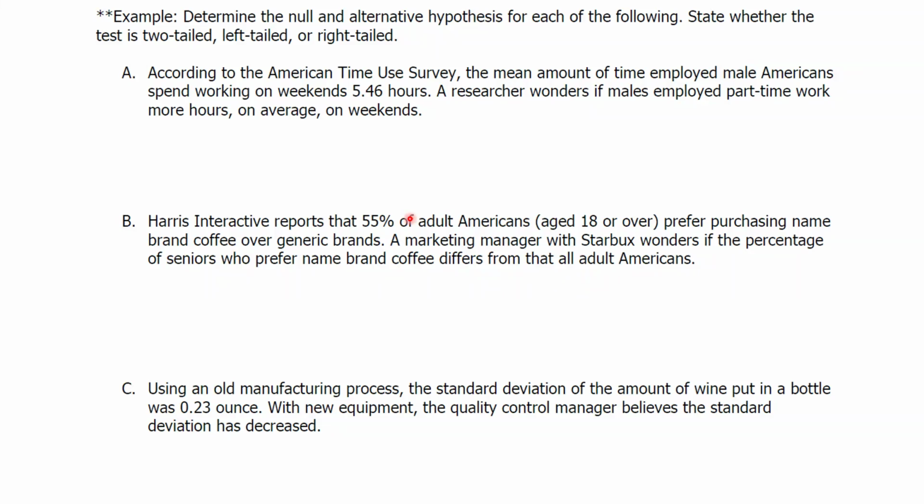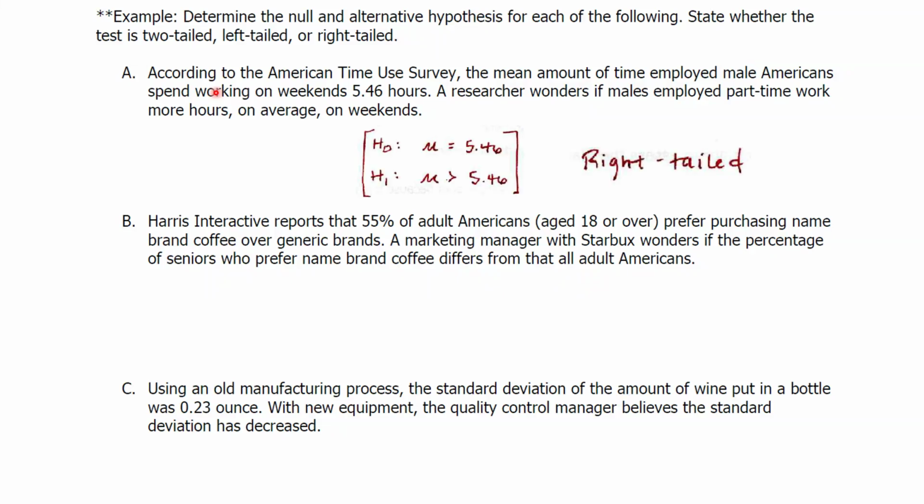A researcher wonders if males employed part-time work more hours on average on weekends. Okay, so the key word here is more. Because the researcher is specifically looking for an increase, not just a change. So we know then that this is going to be a right-tailed test.